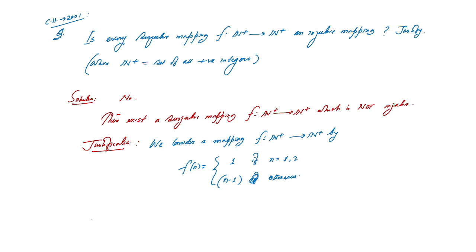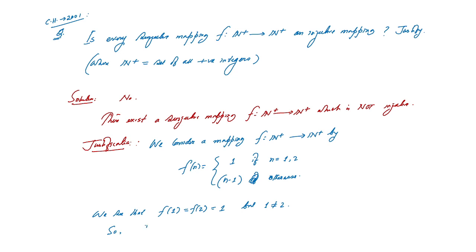So here you will check, first you will check this is a surjective map, and then you will check it is not injective. So we see that f of 1 equals f of 2 by the definition of mapping, both are 1, but 1 is not equal to 2.